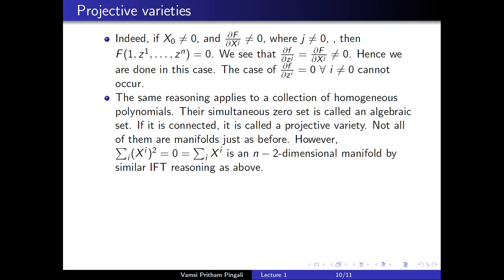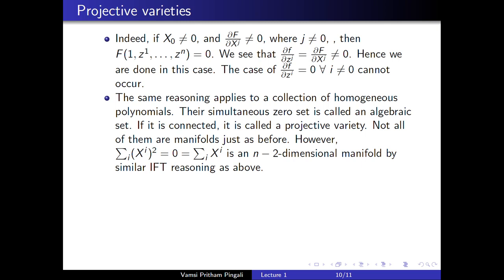Namely, take a few homogeneous polynomials, fewer than n, and take a regular value of all of them simultaneously, in the sense that you take a map from C^(n+1) to C^r, where r is the number of such polynomials, and take a regular value of this map and pull it back.